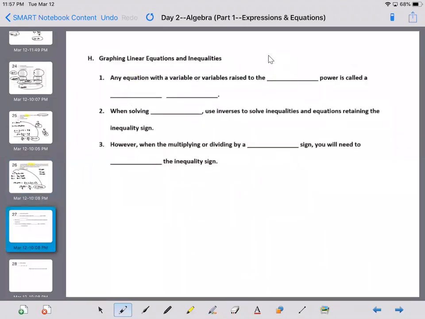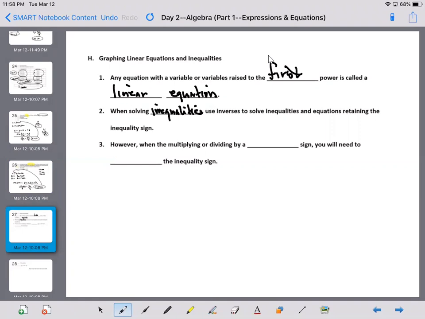All right, switching gears, we're going to look at graphing linear equations and inequalities. So any equation with a variable or variables raised to the first power is called a linear equation. Now, when solving inequalities, we want to use the inverses just like we were solving equations.